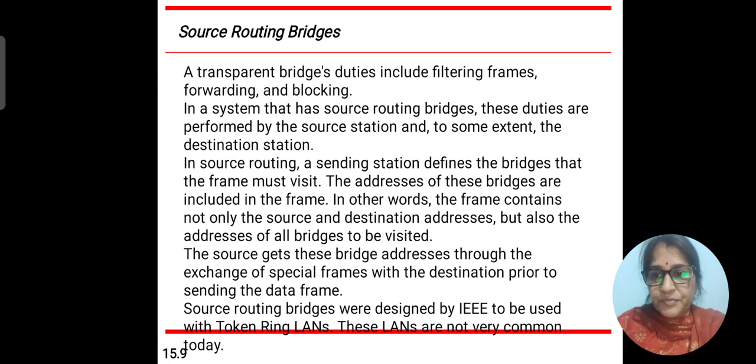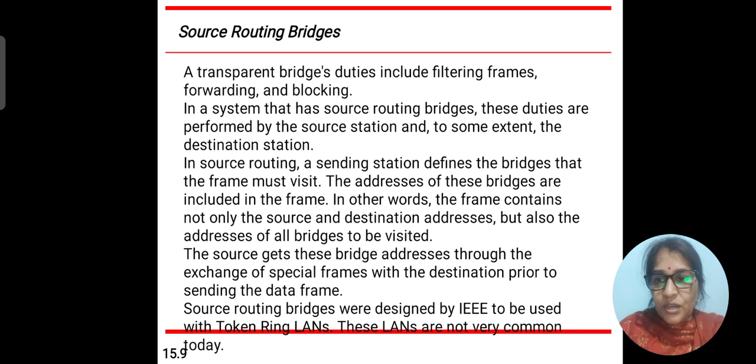In a system that has source routing bridges, these duties are performed by the source station and, to some extent, the destination station.